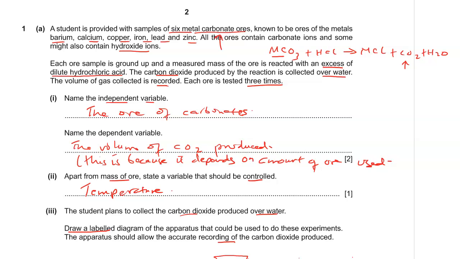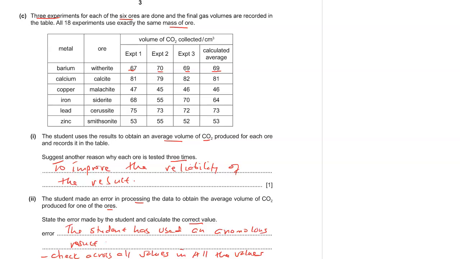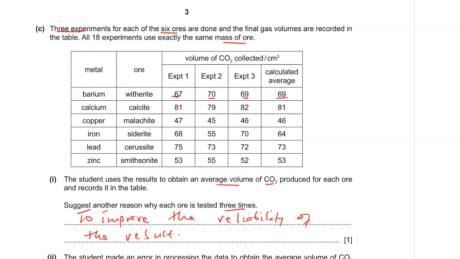excess contains, and some contains the hydroxide ions. So all the ores contain carbonate ions, and some might also contain hydroxide. So if you react an acid with hydroxide ions, then this reaction is going to happen to give you water. So that might not be a good idea to titrate the ores with an acid.